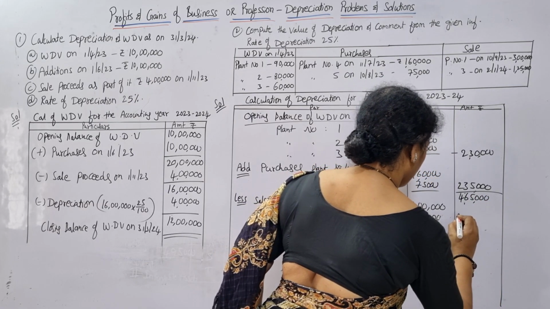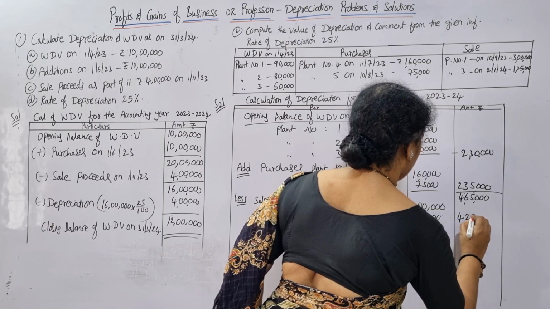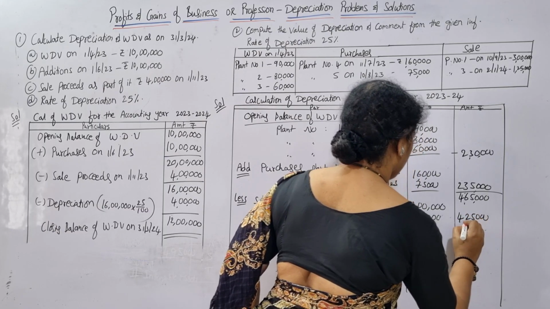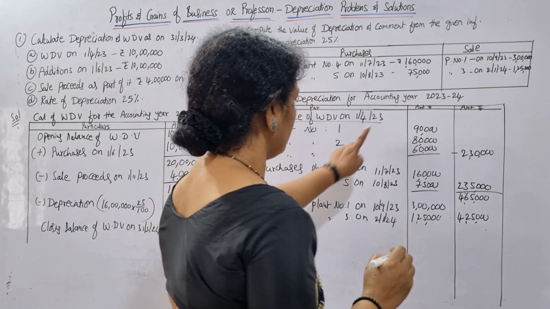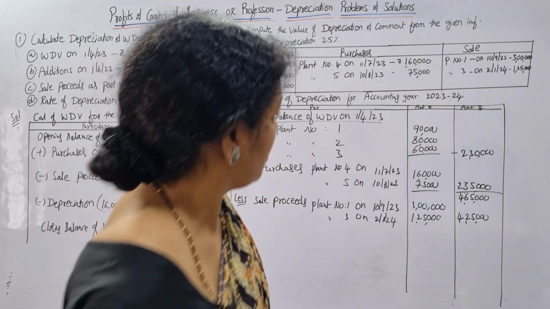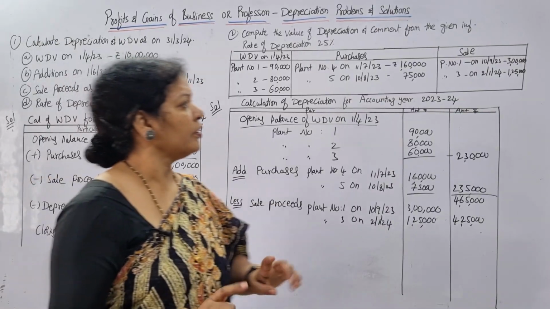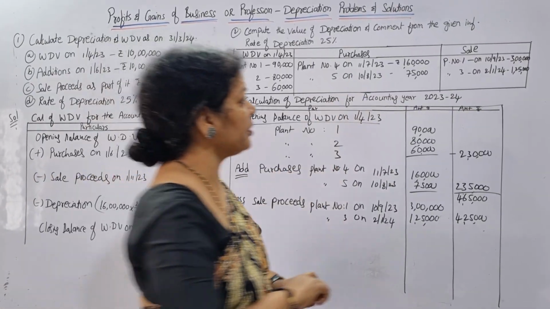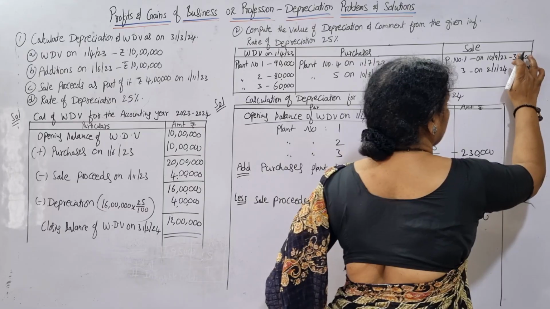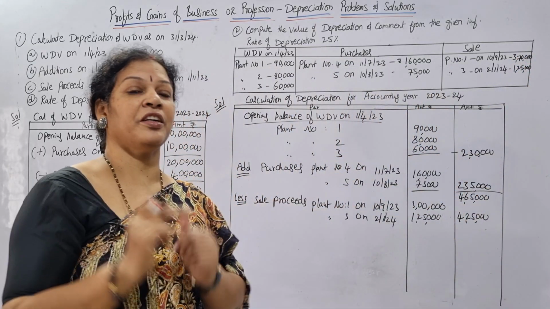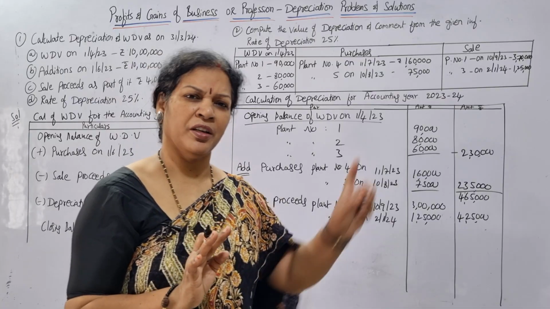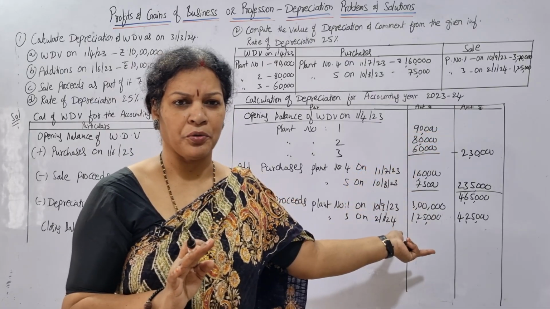minus 4,25,000. This is calculations, let me check it out. One amount I have written wrong here, it should be 3,70,000. This is the problem I have taken in such a way that if you get this kind of problem, you should be able to handle it. 3 lakh also I can work out and I can show you.